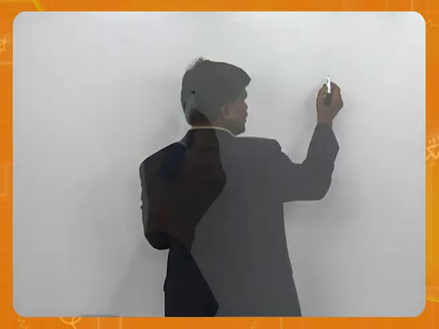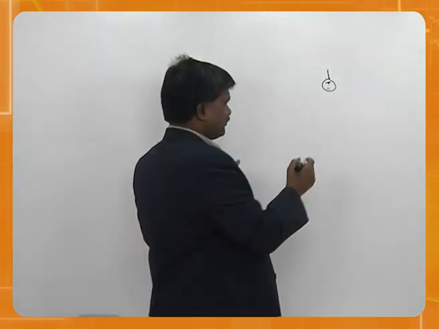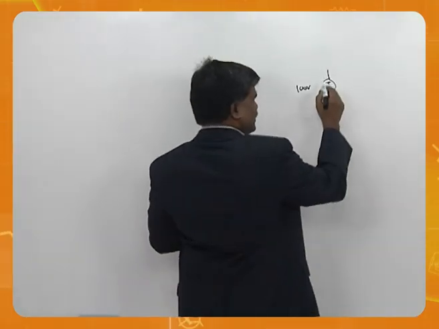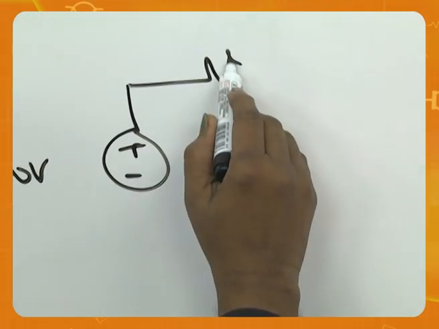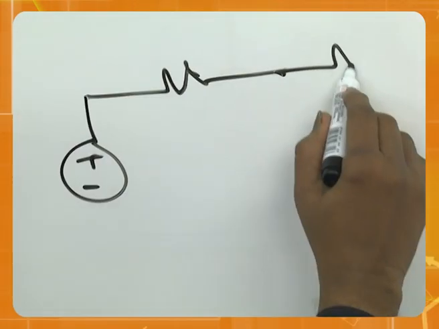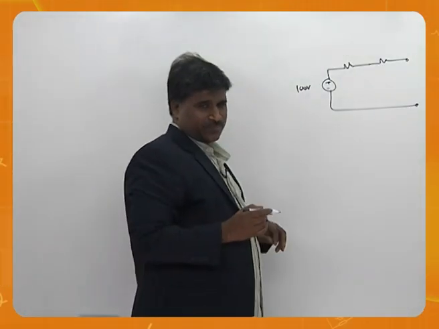So, let me take this circuit, though it is a little bigger. The voltage source is given as 100 volts, then we have 4 ohms here, another 4 ohms here. This is the source.